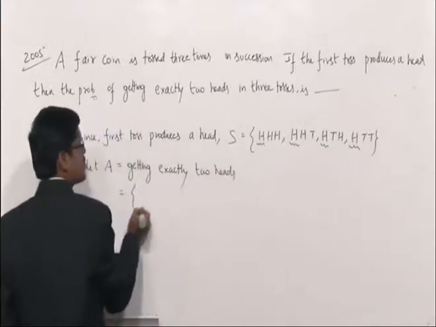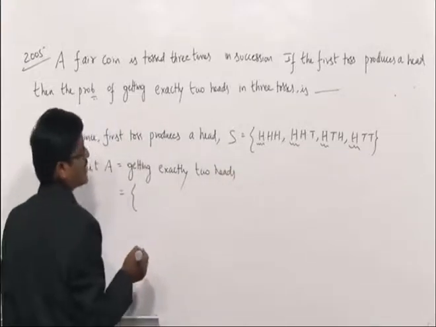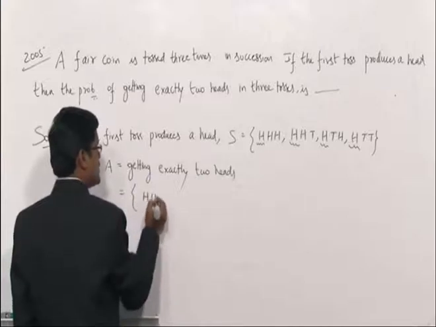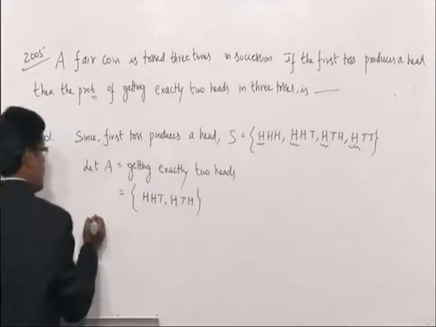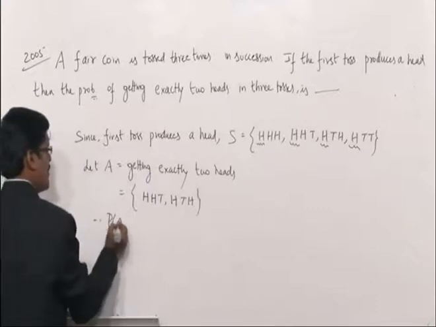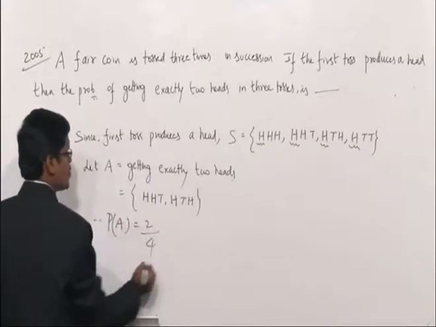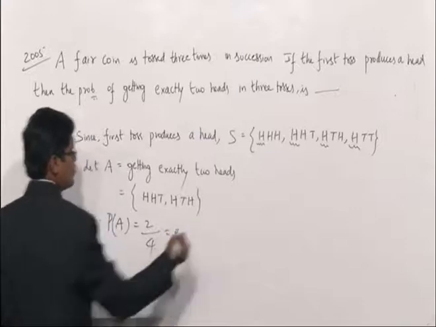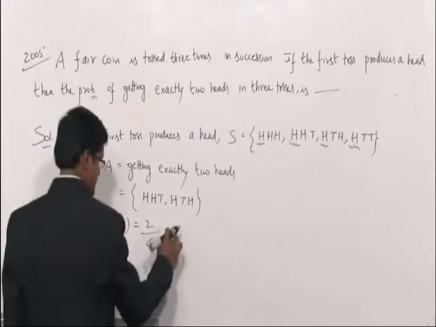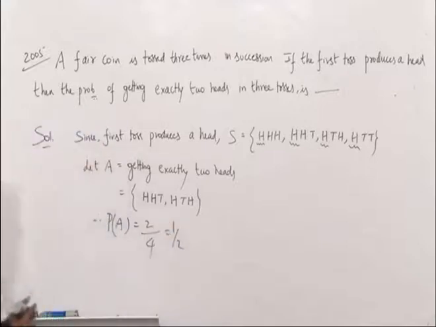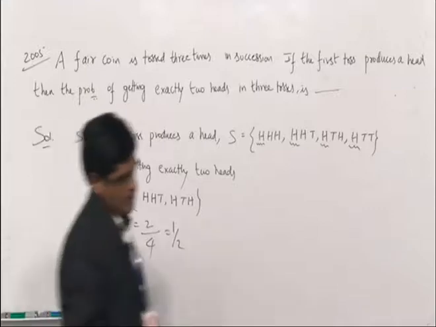In that sample space of 4 outcomes, how many outcomes contain exactly 2 heads? HHT, HTH. Therefore P of A is equal to 2 favorable cases out of total 4 cases, which is 1/2. Answer. Simple problem.